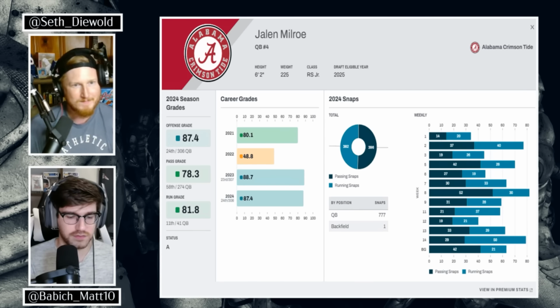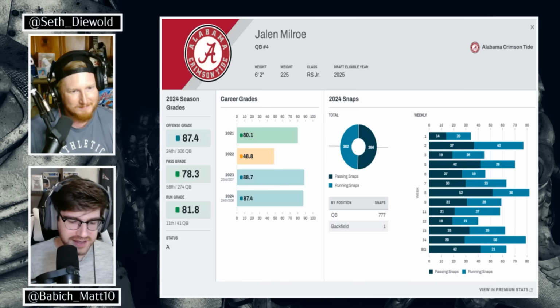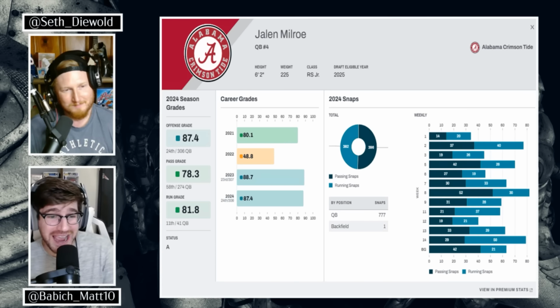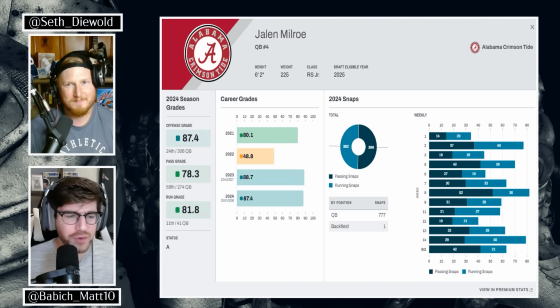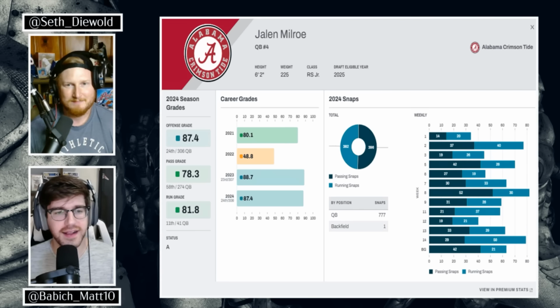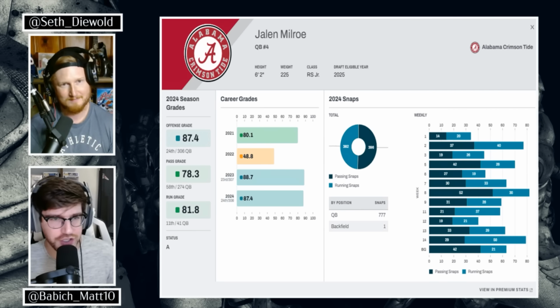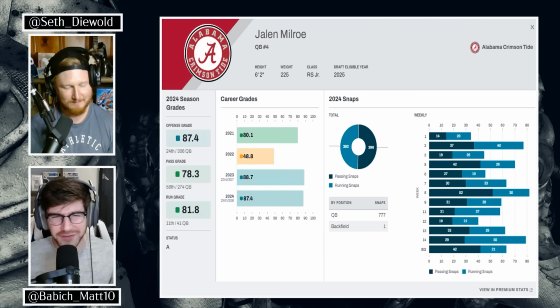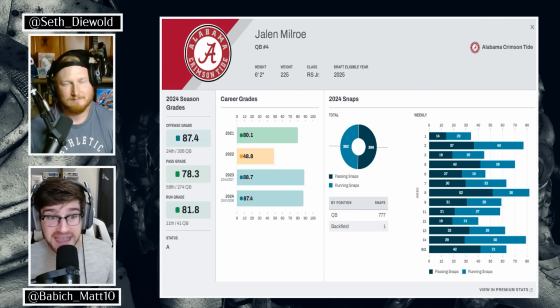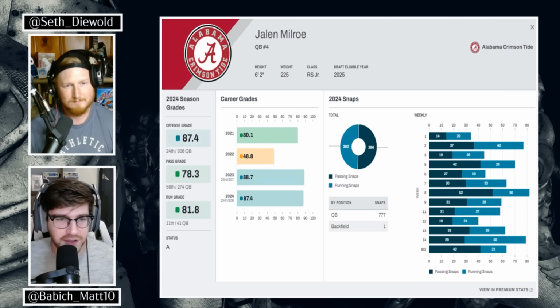I mean, there's a decent chance, but not with the way the Seahawks performed last year. You draft Jalen Milroe in the 3rd round, basically the QB3, because let's be honest, no one else besides the Saints were drafting Tyler Shuck that high.